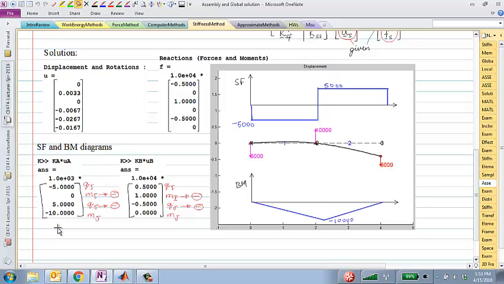It was assuming that all the elements have the same moment of inertia, but that has been corrected. The new plot beam 2D .m file has been uploaded. So if you don't have the latest version, make sure you download the latest version. And in that file, for problems that have varying moments of inertia for different elements, it works for that as well.